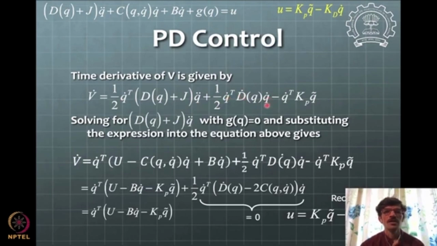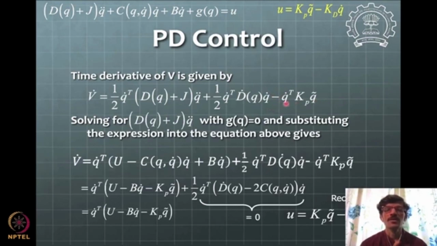Then there will be a term which is the same as this term, so this half will actually go away. The way you have this q dot transpose Kp q tilde, here also q tilde dot transpose Kp q tilde is coming, because the half will be gone.